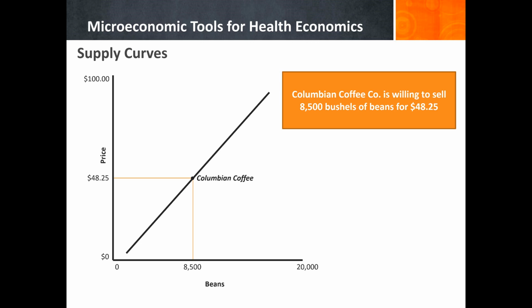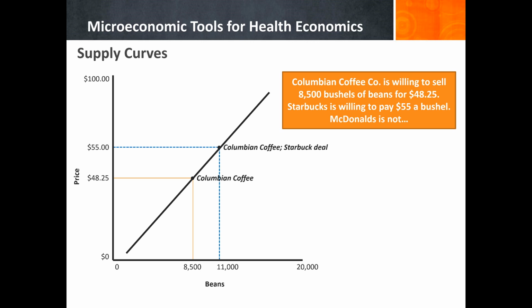So this is what a supply curve would look like. You can see price from $0 to $100. You can see quantity from 0 to 2,000. This example is Columbia Coffee. So they are offering 8,500 bushels of beans. I don't even know if beans come in bushels. At a price of $48.25, that's what the supplier is selling.